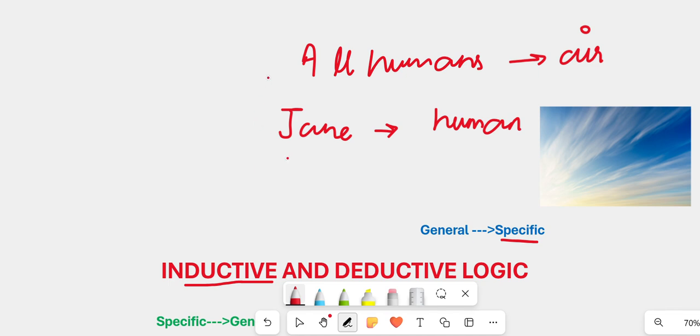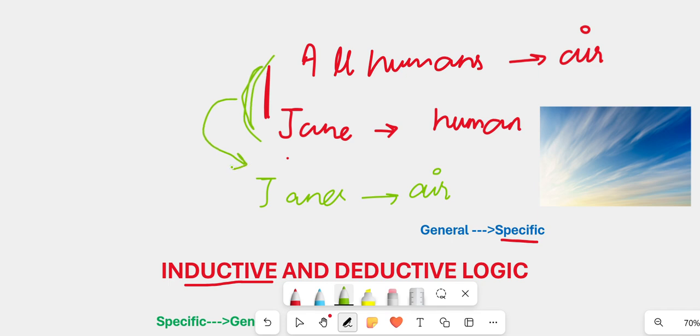We can conclude from these two premises that Jane needs air to survive. So when we have made a logic like this, we call it a deductive logic. These were our two propositions, and we made an inference from it that Jane needs air to survive.